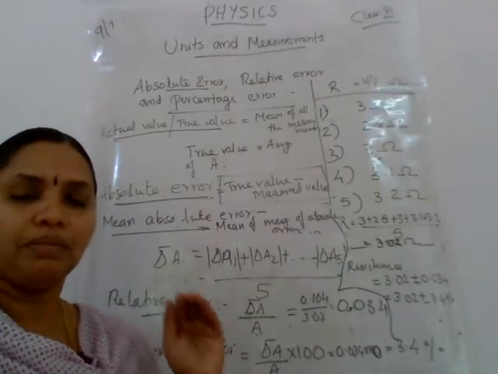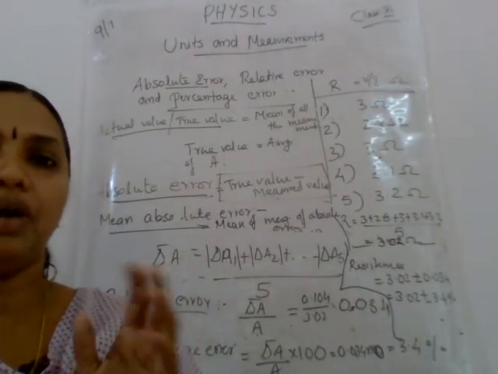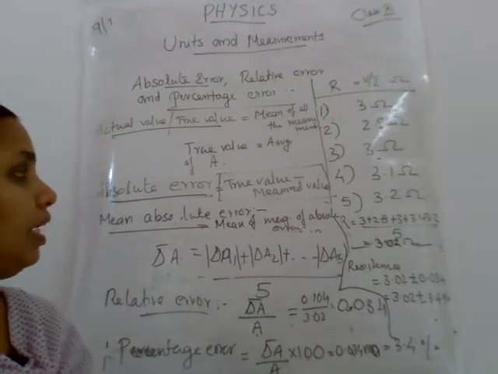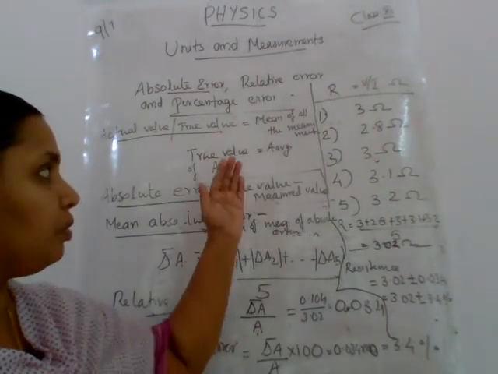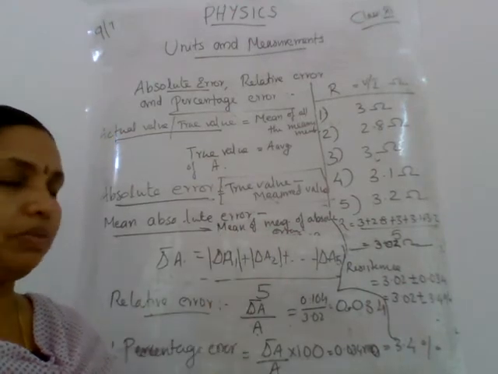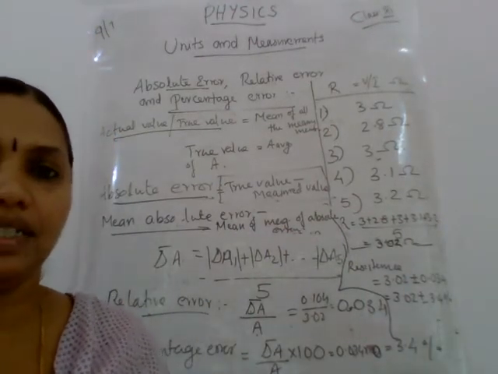So from a set of measurements, how will you find out the absolute error, relative error and percentage error? Before that, we have to write the expressions, then we will discuss one more example.